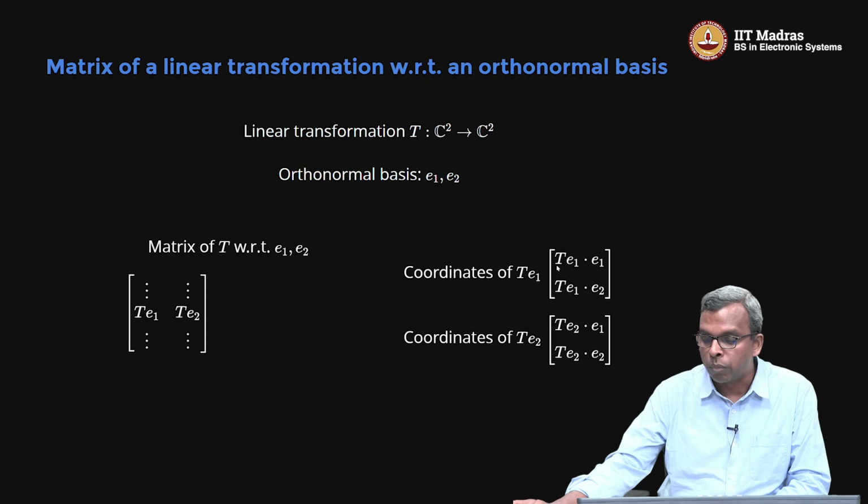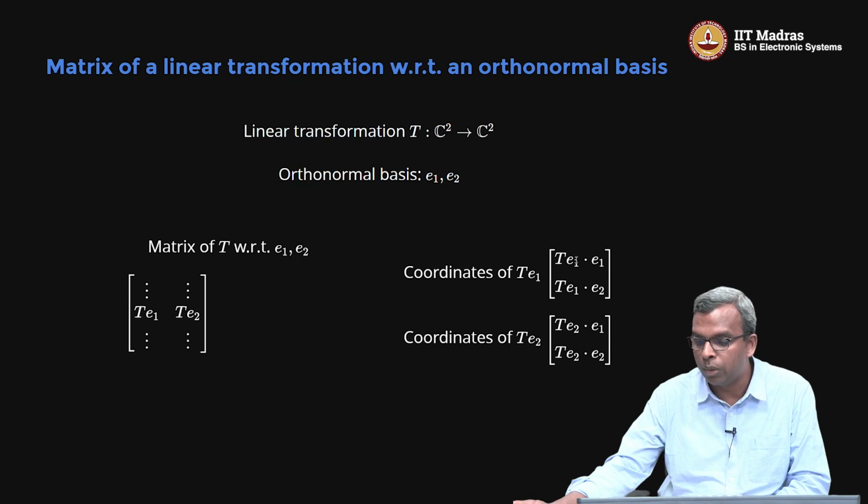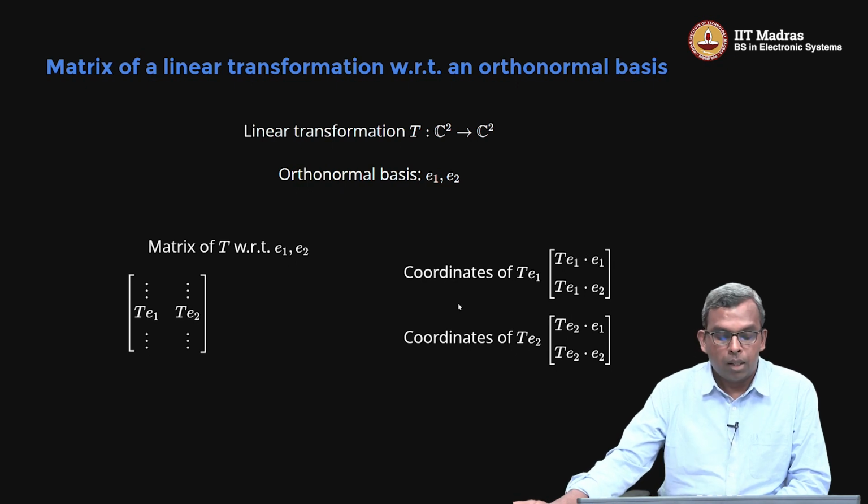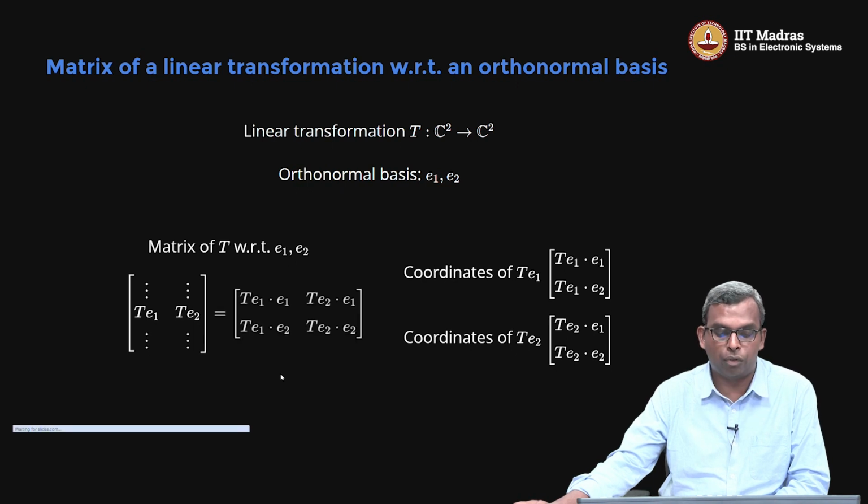Notice how you have to put a bracket around this TE1, so it's TE1 dot E1, TE1 dot E2. So remember that it's not like E1 dot E1, which will just become 1, etc., right? So we see that the matrix itself has this very nice form. It's TE1 dot E1, TE1 dot E2, TE2 dot E1, TE2 dot E2.